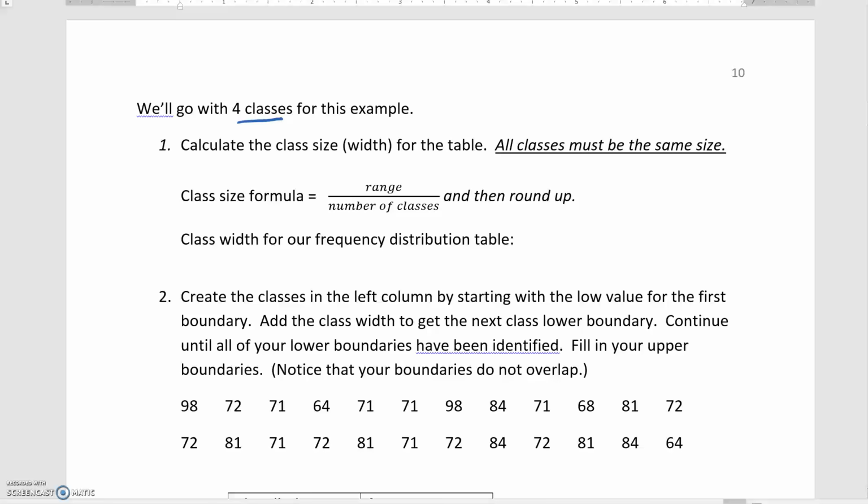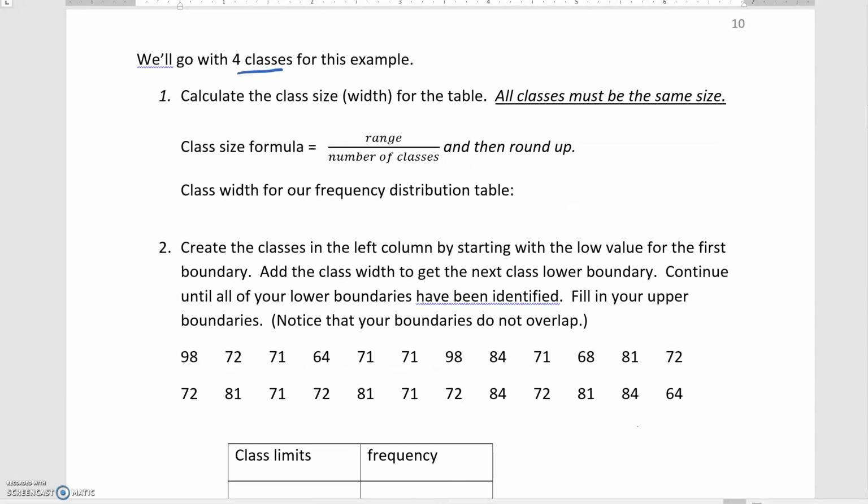So the first thing we're going to need to calculate is the class width. This is also known as the class size. And it's very important that we know that all classes must be the same size. Otherwise, we wouldn't get a true feel for what the distribution of the data is. So the class size formula is the range divided by the number of classes. And then you always round up to the next whole number, the next integer.